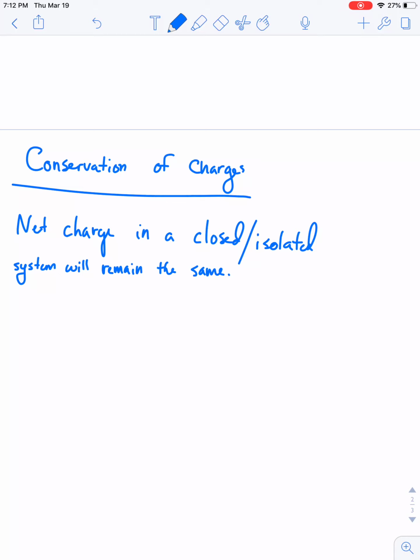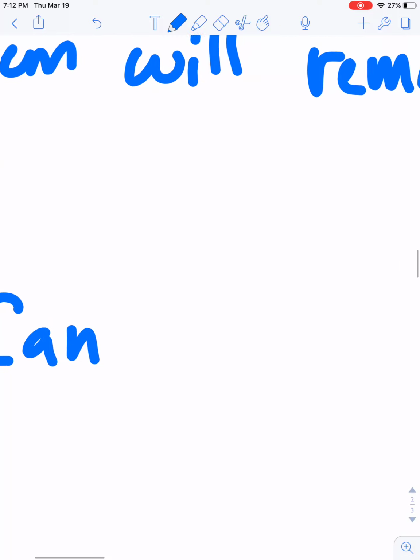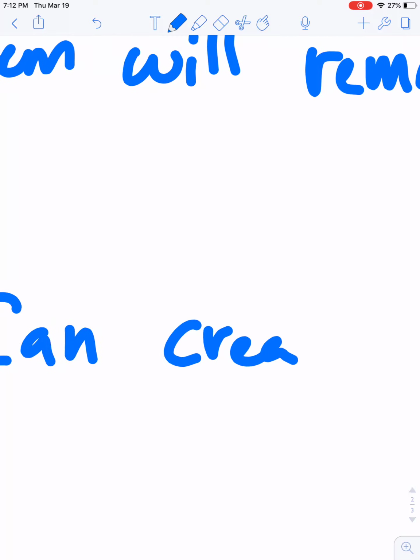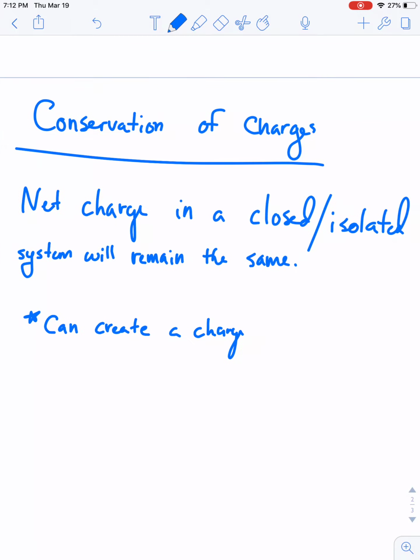Now, you can create a charge. However, there's a little asterisk there.